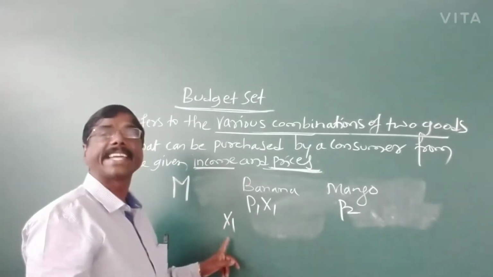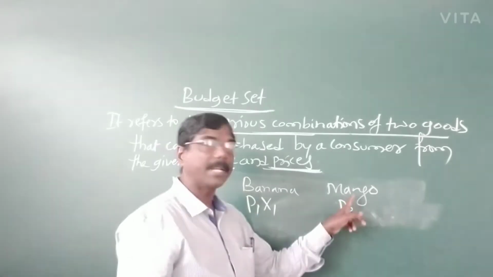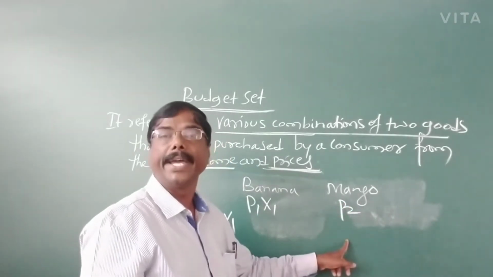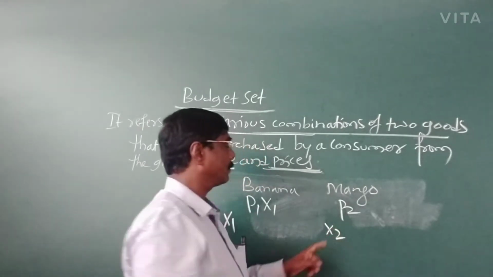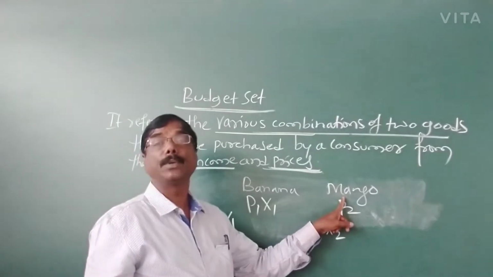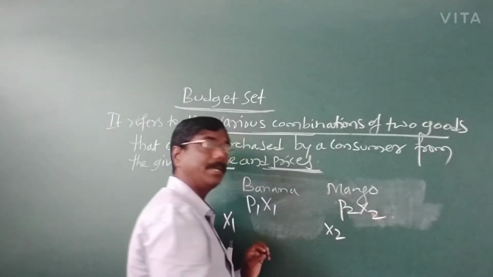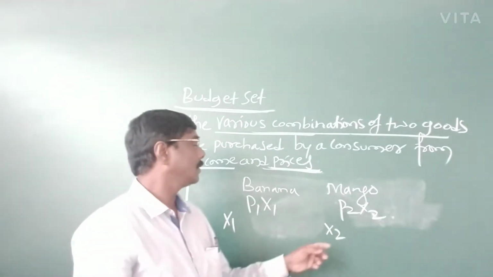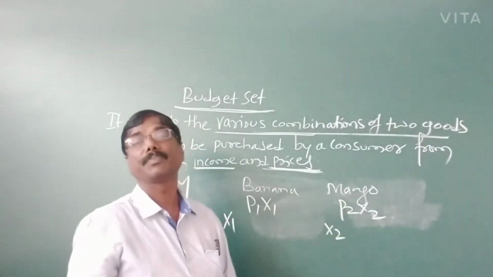And he wants to buy X2 quantity of mango, therefore he has to pay P2 X2.